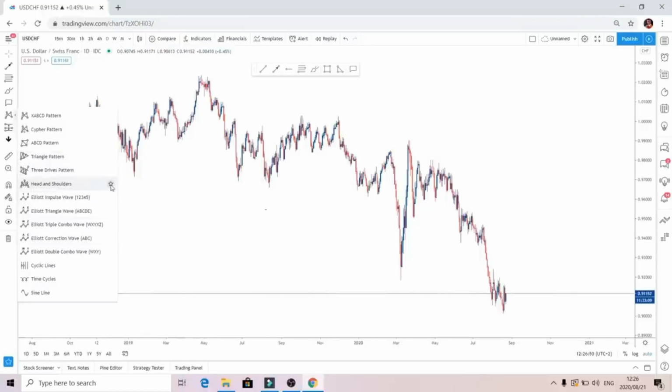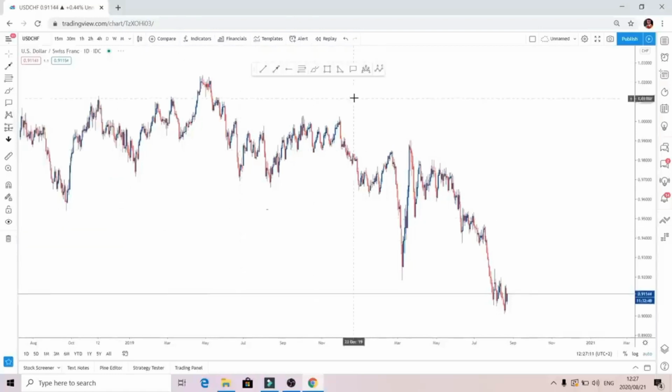We're just going to add to favorite a head and shoulders. And also, we can also use an Elliott wave for correction phases to actually identify our correction phases. That's going to help us quite a lot. So you can add there. As you can see, if you click right here, we can have our head and shoulders.